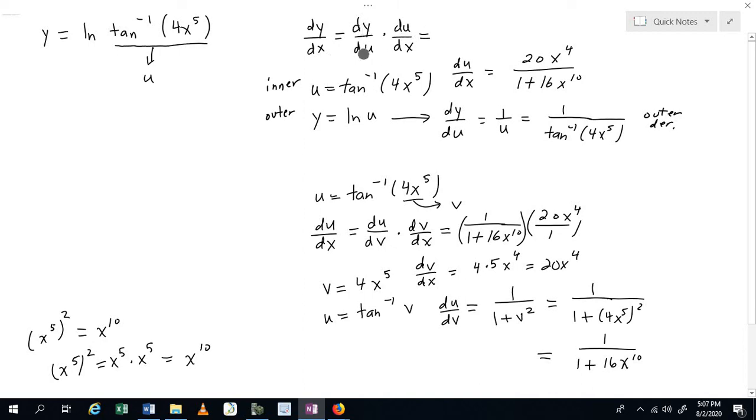So dy du, the outer derivative here, is this, times its inner derivative, which is this.